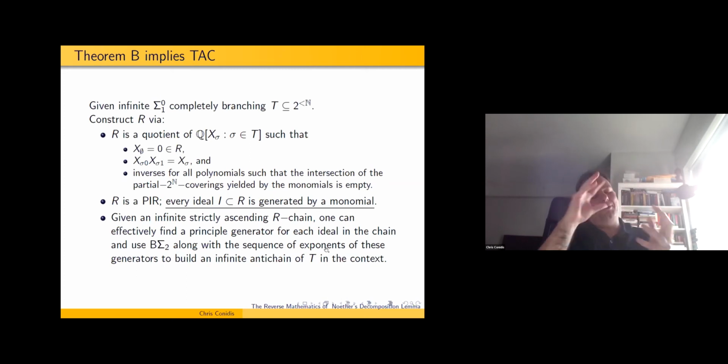The reason why I went into that in a little more detail is that I wanted to emphasize that the exponents come into it.